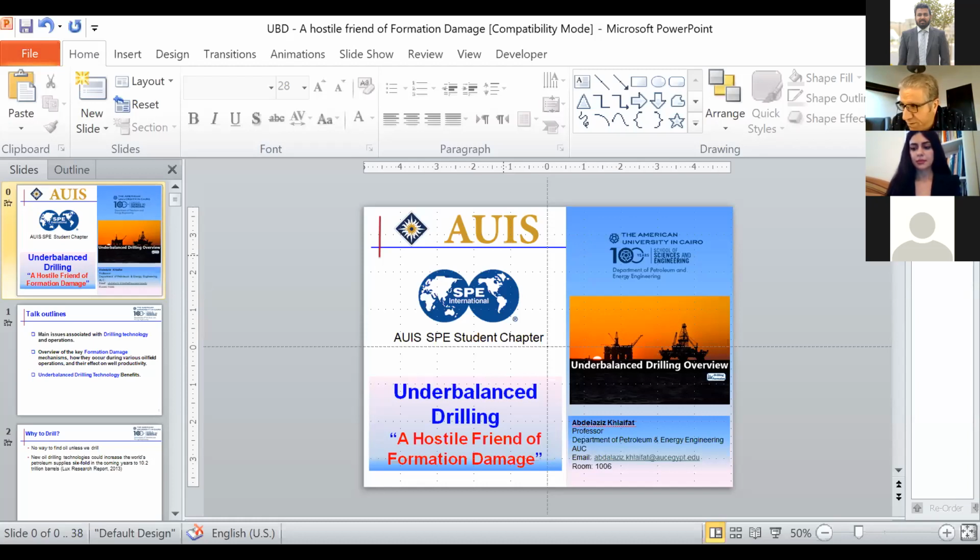If formation damage happens during production, we have a lot of methods we can use, like hydraulic fracturing or acidization, to reduce the formation damage. So isn't it better to use those processes compared to underbalanced drilling? Underbalanced is more costly and very dangerous. It may cause a kick and a blowout, stuff like that.